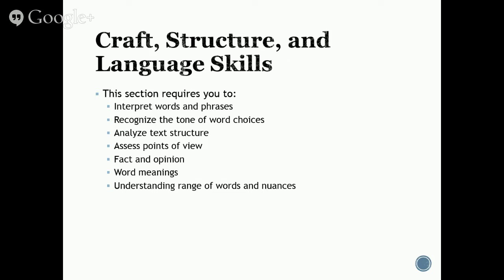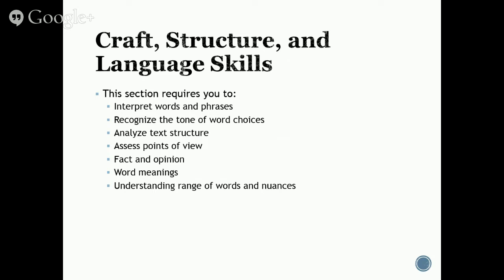Are you talking from the point of view of like a teacher, a student, a person on the street, that kind of thing that you're going to be looking at with point of view. Fact and opinion. Everybody should know a fact is something that you can prove to be true. An opinion is a belief. So they're going to ask you some of those questions as to whether or not some statement is a fact or opinion based on the text.